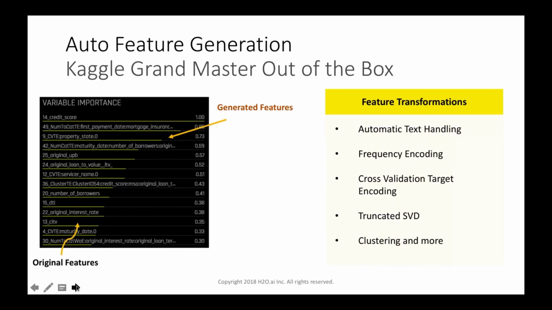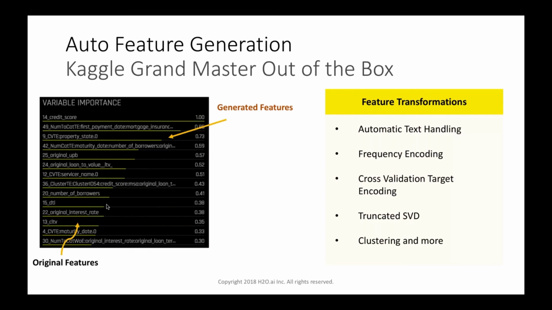Driverless AI does that date expansion, but it also does much more. It will do automatic cross-validation, target encoding, frequency encoding. It'll do something called truncated SVD to reduce the dimensionality of my data. It may segment my data using clusters and use those segments to help improve the model.